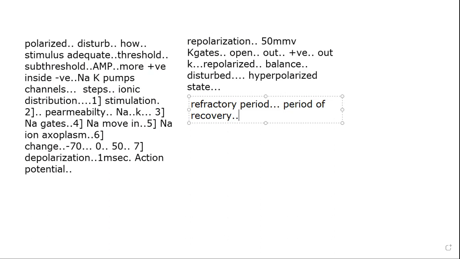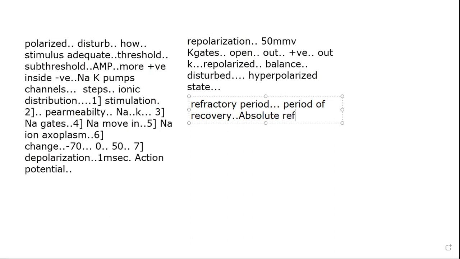The part of the recovery period in which the nerve fiber is not able to give any response to any strength of threshold is said to be the absolute refractory period. Now, in the refractory period, we have another state which is called the absolute refractory period.